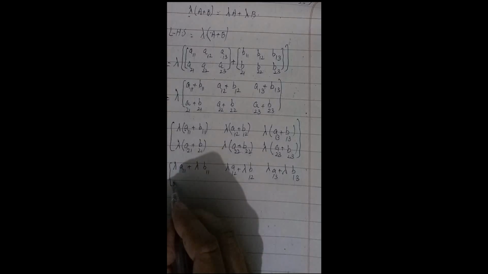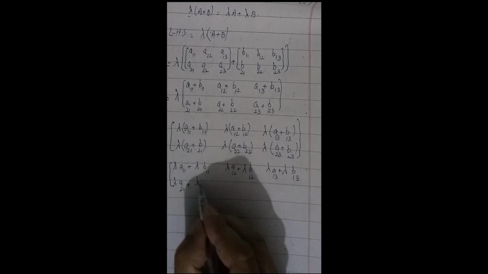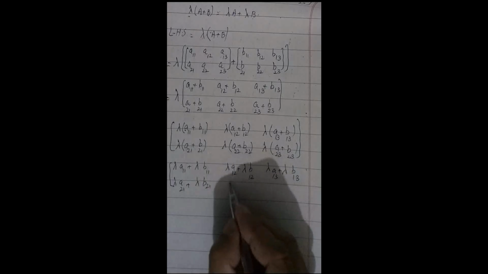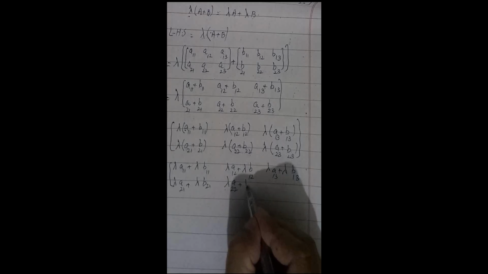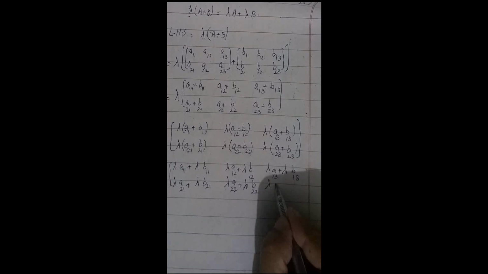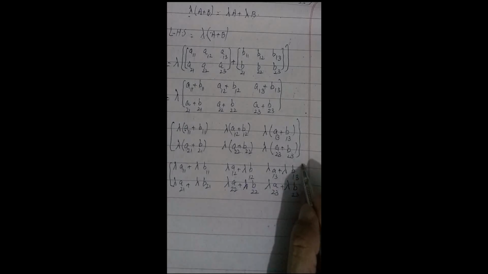And second row is lambda A21 plus lambda B21, lambda A22 plus lambda B22, lambda A23 plus lambda B23.